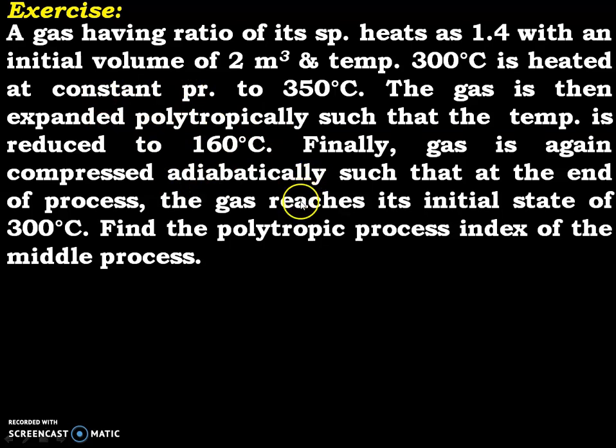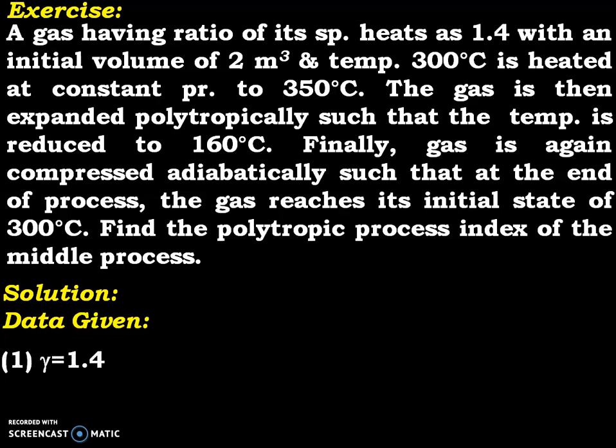And finally it reaches the initial condition. Find the polytropic process index, that is, we have to calculate the n for the middle process. They have given one volume and the temperatures. They have given only some minor data, the gamma value, and we have to calculate the polytropic process index, that is n.